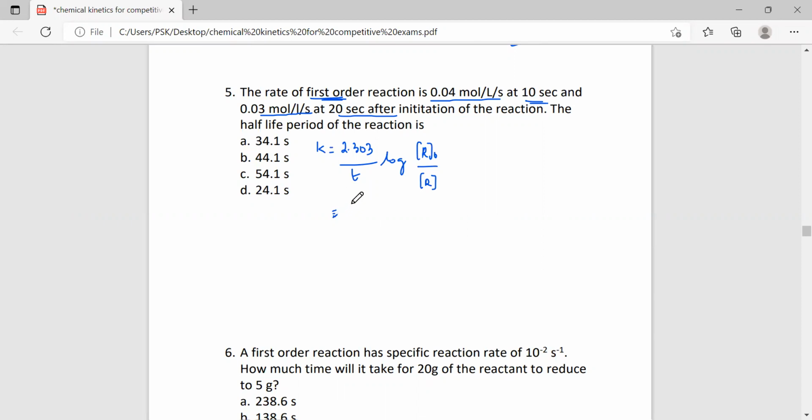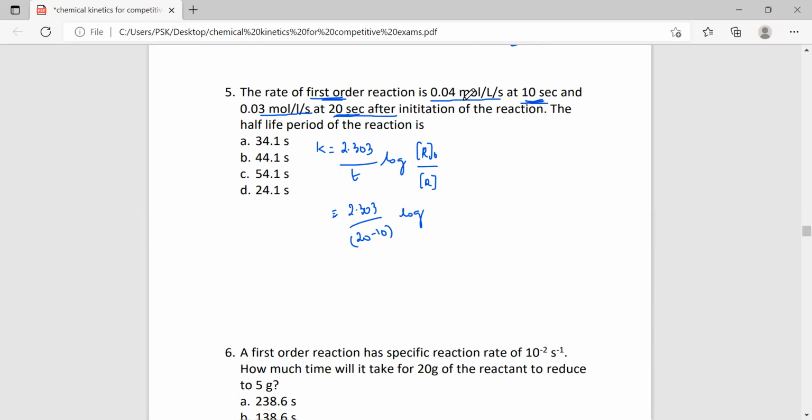So they have given 2.303. What's the time they have given? Final time is 20 and initial time is 10. 20 minus 10, it will be what? 10 seconds, log of initial concentration.